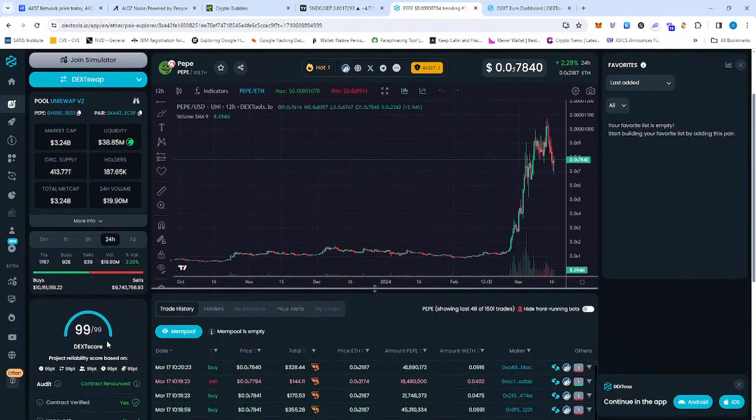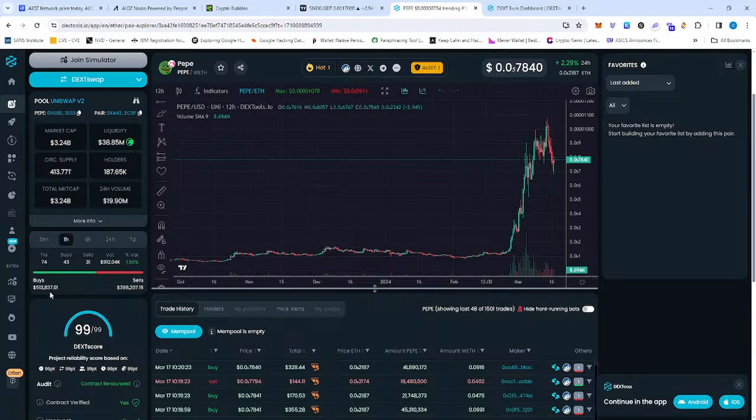See that DEX score is 99. You got $10 million worth of buys in the last 24 hours. 19 million volume. Let's look at the last 5 minutes. Only 7 transactions. Only $1,000 in the last 5 minutes.